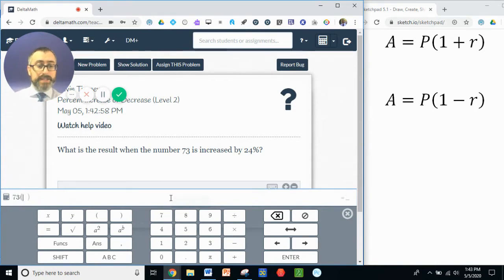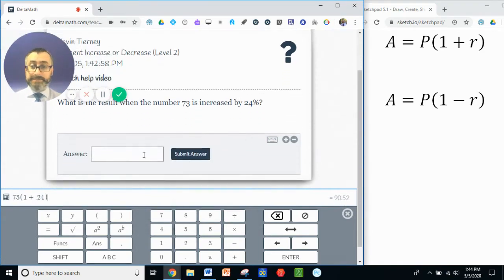Then parentheses, then 1, then plus. My R is the rate, the percent. 24% I can write as 0.24. Close parentheses, and I see 90.52. That's it.